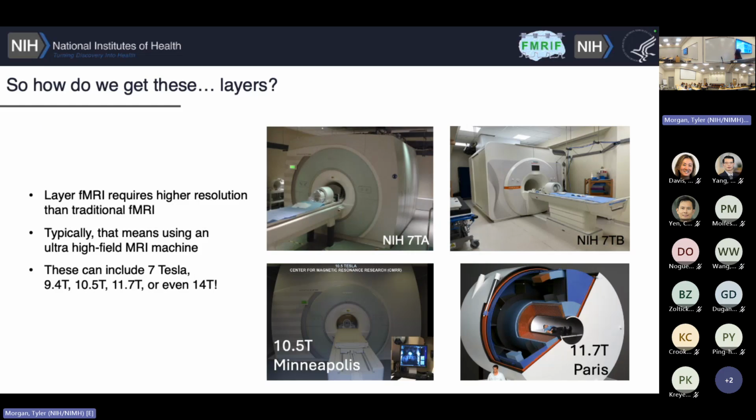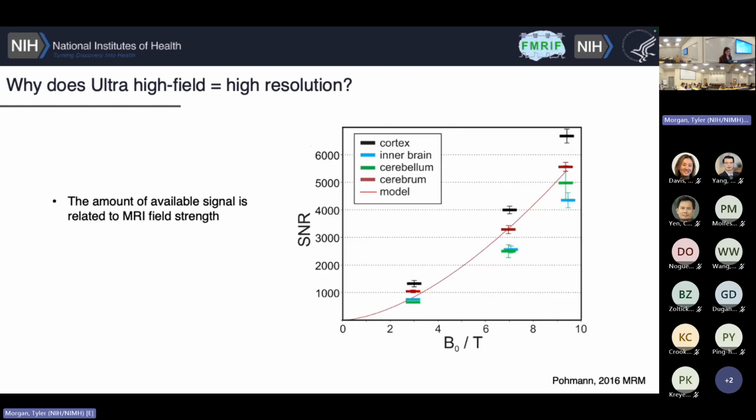So you have scanners like in Minneapolis, they have a 10.5, it's huge. The 11.7 in Paris is even huger. These magnets keep on growing and growing. And we also saw this last week. Essentially, the really nice thing about going to higher fields is that you gain more signal. So the amount of available signal in different parts of the brain grows as your magnets get larger.